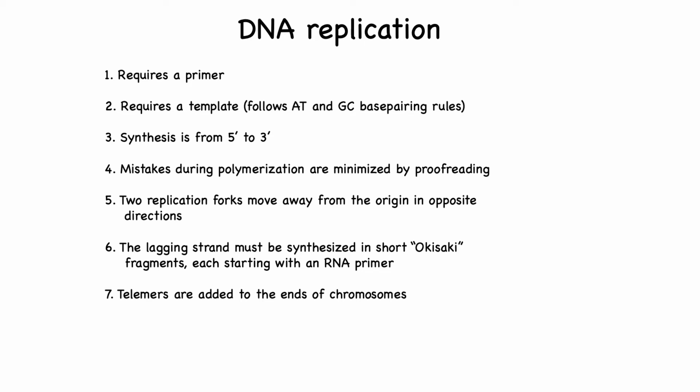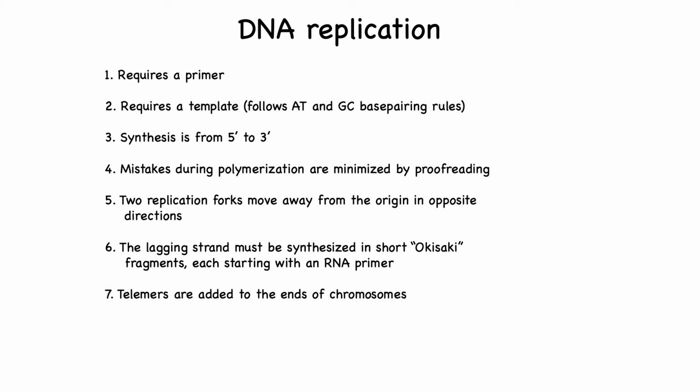They cannot go backwards. Mistakes during polymerization are minimized by proofreading, that is the 3 prime to 5 prime exonuclease. So if a wrong base gets placed into the nascent DNA chain, the polymerase can monitor that, can see if it's the right one or not. If it is the wrong one, it can chew it out with that nuclease and then insert another one, trying to get it right the second time.